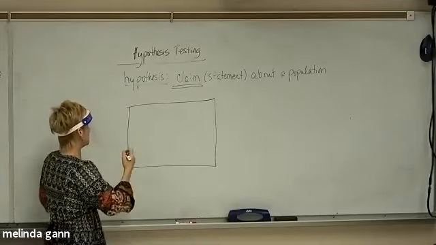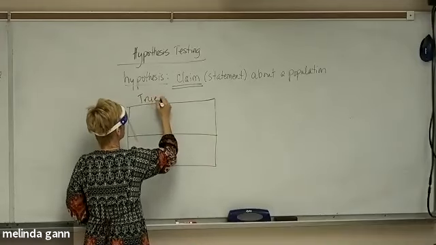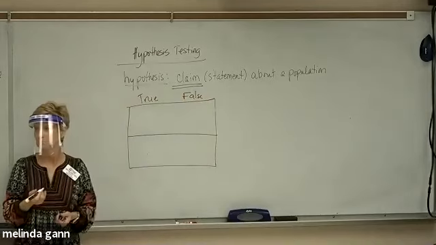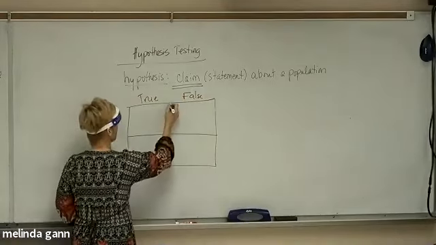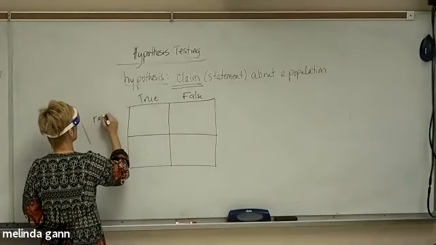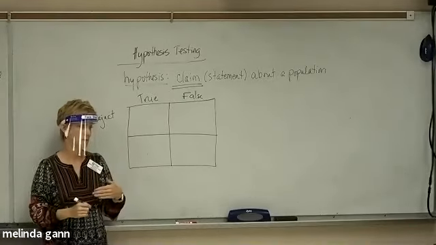Now, here's the deal. That claim is either true or that claim is false. Now, here's what's going to happen. You're either going to reject it. So you're going to have two jobs.